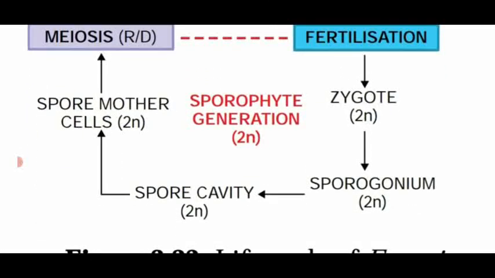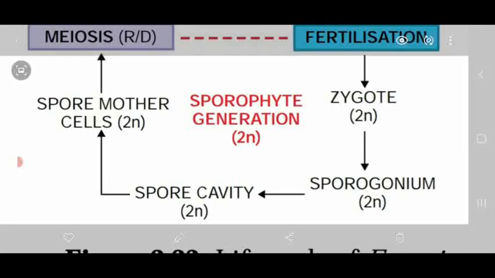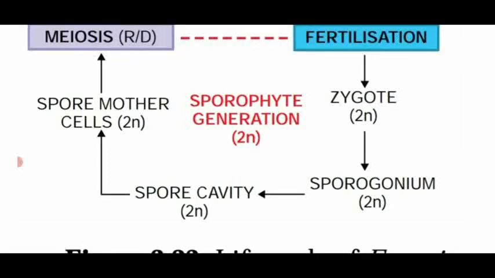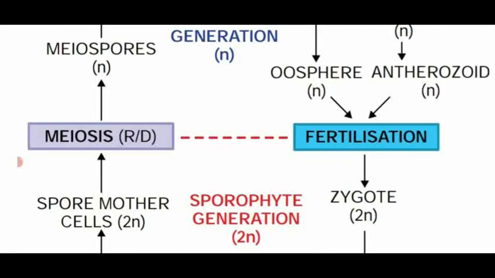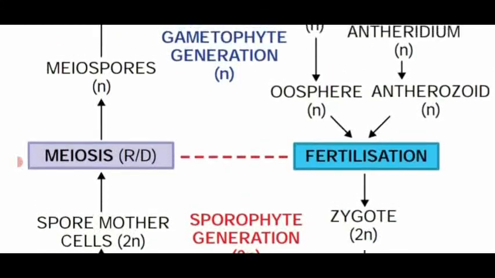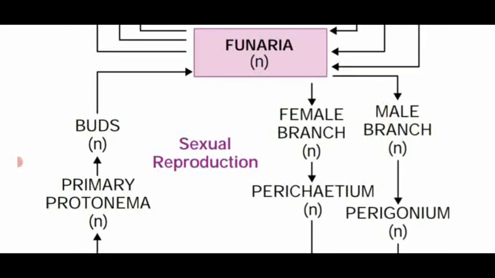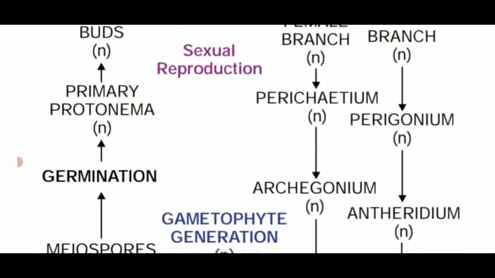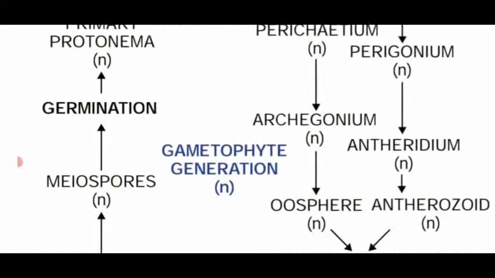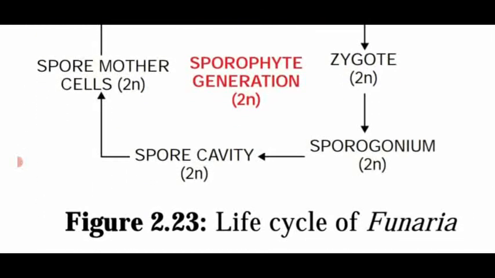Then the zygote develops into the sporogonium, spore cavity, and spore mother cells, which undergo meiotic cell division and produce haploid meiospores. These germinate and develop into a primary protonema, then buds, and the lateral buds develop into Funaria. That is the vegetative and sexual reproduction in Funaria.